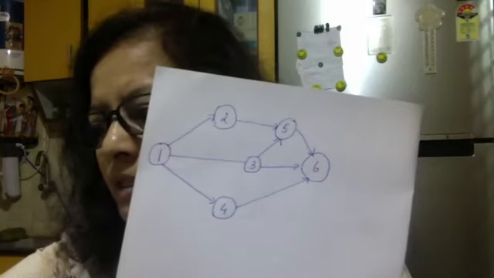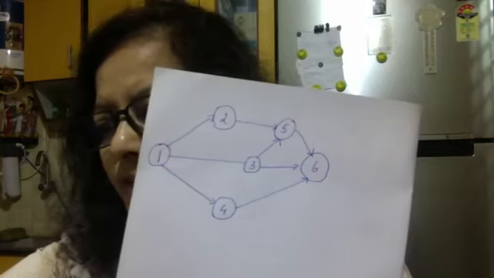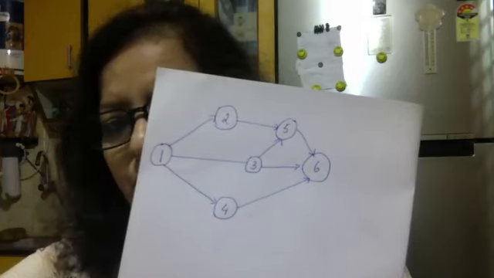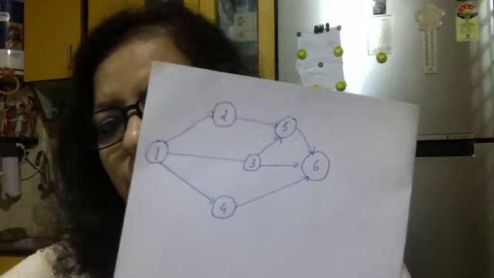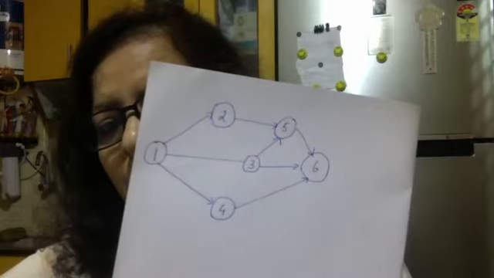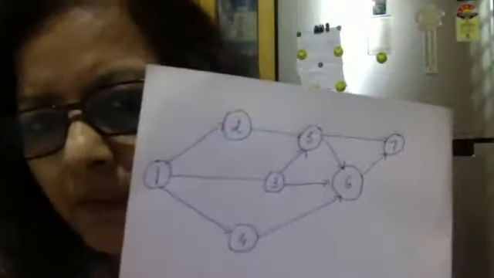Now the last one is 7. You have 5 to 7 and you have 6 to 7. So I can place 7 a little above 6 and a little below 5, something like that on the right. 5 to 7 and 6 to 7. CPM, critical path method, we'll find in a while.